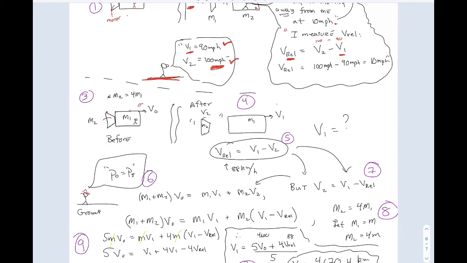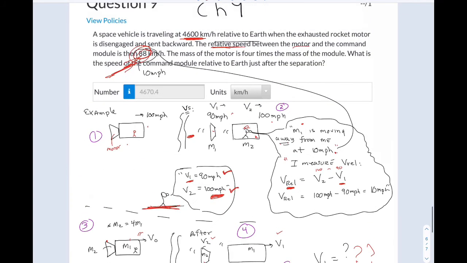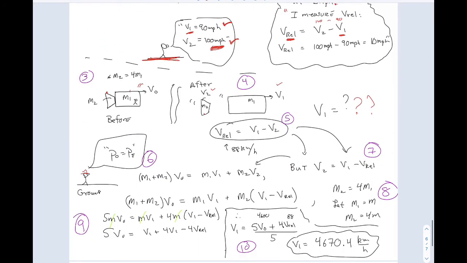So the final speed of the module is V1. The final speed of the motor is V2. They want you to find V1, but they tell you that the relative speed between the motor and the command module is 88.